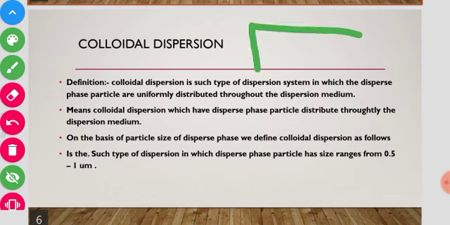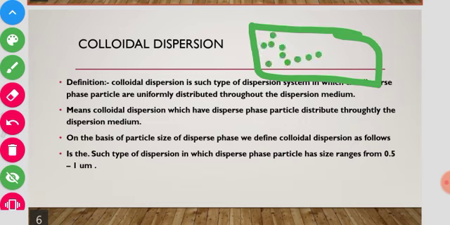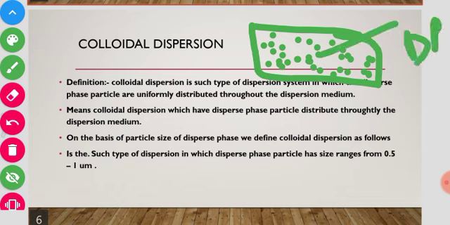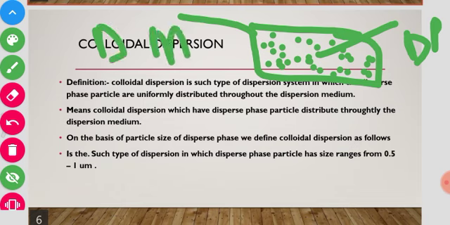Let's consider this is the dispersion medium in which the dispersed phase particles are uniformly distributed, which means the whole dispersion medium is taken up by the dispersed phase particles. This is the dispersed phase, and all of this is the dispersion medium.